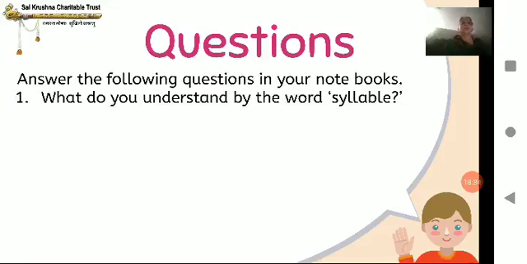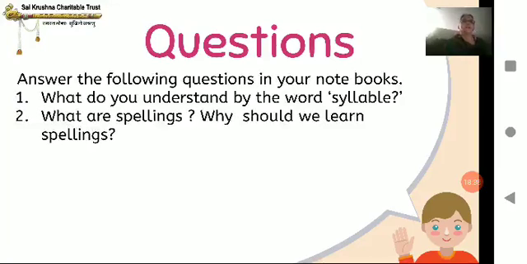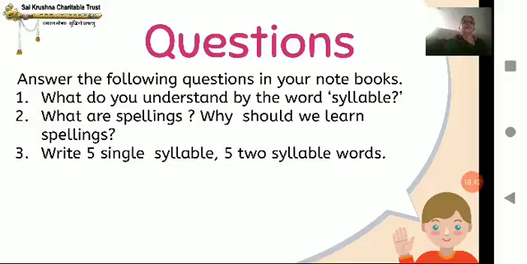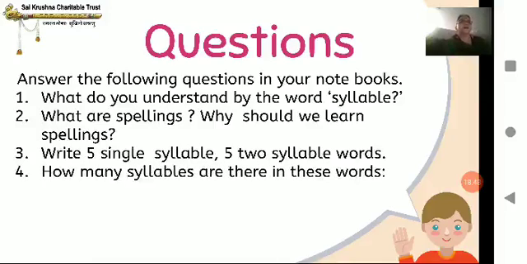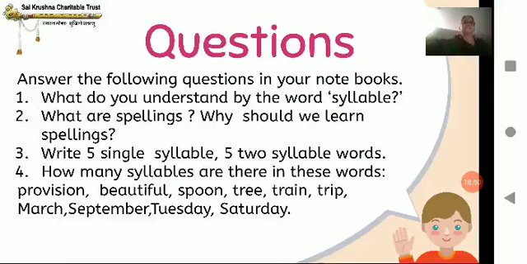So, what do you understand by the word syllable? What are spellings? Why should we learn them? Write 5 single syllable words, 5 2-syllable words. How many syllables are there in these words? Provision, beautiful, spoon, tree, train, trip, March, September, Tuesday and Saturday.